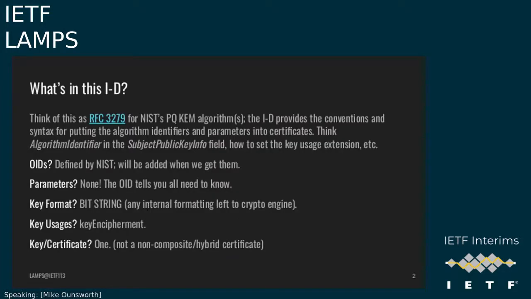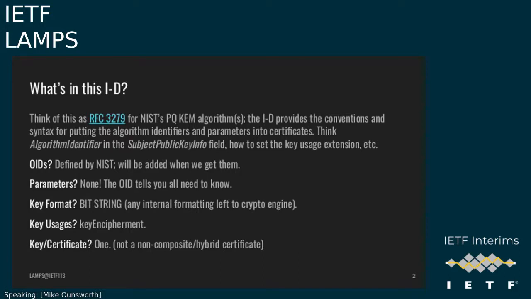Yeah, so this draft is basically very simple. He's just creating a placeholder draft to define CMS OIDs and PKIX OIDs for whatever KEMs come out of the NIST candidates. So the draft right now is full of "algorithms covered are candidate TBD1." The encoding for the public key and private key are also provided.